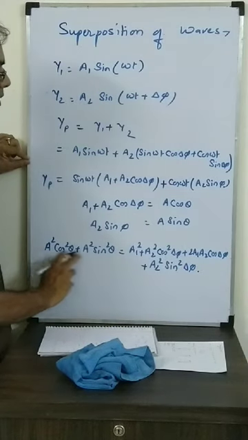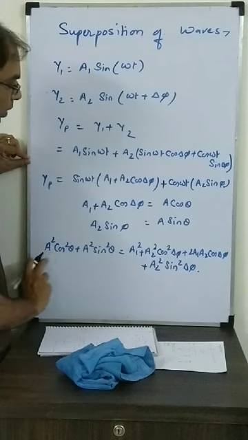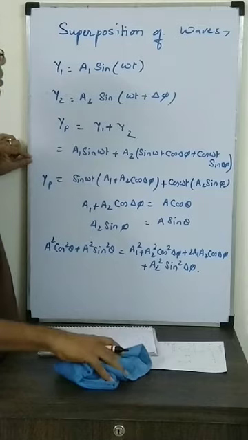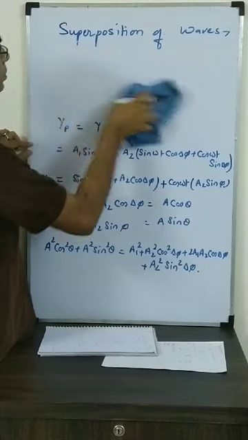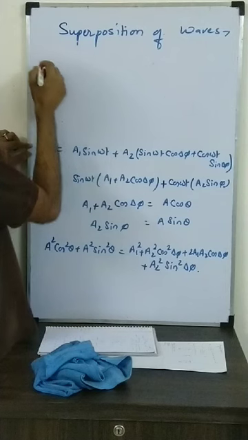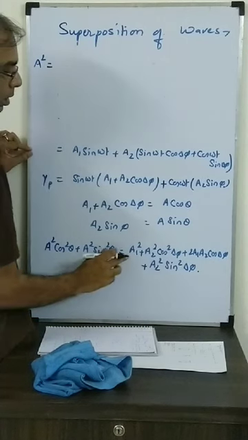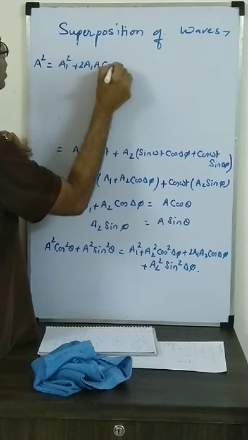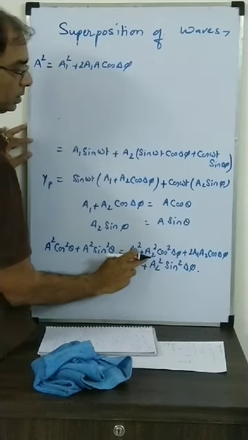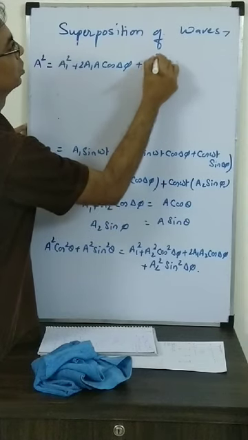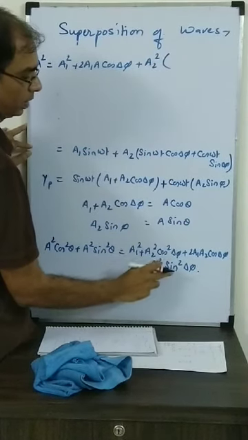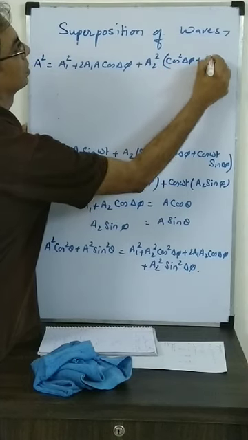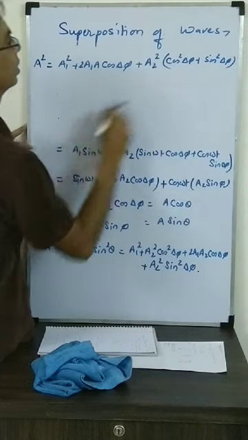Now, A square taken common, cos square theta plus sin square theta is 1. So what we are going to get over here is A square. So A square is equal to A1 square plus 2 A1 A2 cos delta phi plus A2 square, taking common cos square delta phi plus sin square delta phi, which is 1.